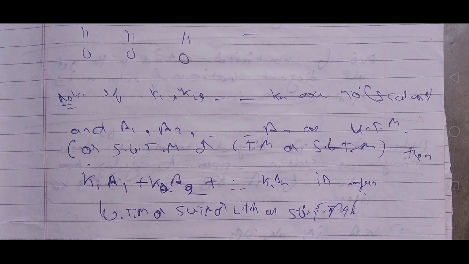It clearly means that a linear combination of upper triangular matrices, strictly upper triangular matrices, lower triangular matrices, and strictly lower triangular matrices is also an upper triangular matrix, strictly upper triangular matrix, lower triangular matrix, and strictly lower triangular matrix respectively.